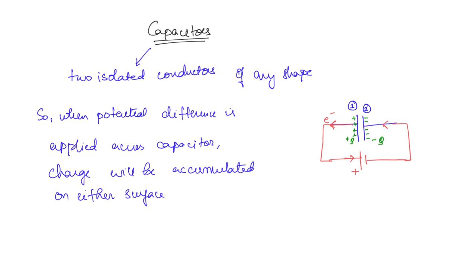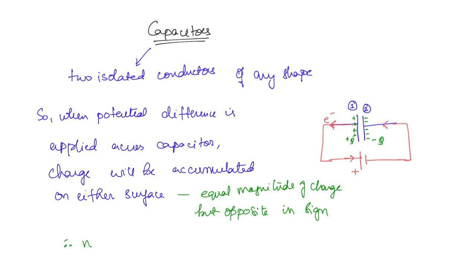The magnitude of charge is going to be equal but opposite in sign. On one plate it is plus Q, on the other plate it is minus Q. Therefore, what can you say about the net charge on the capacitor? It is 0.